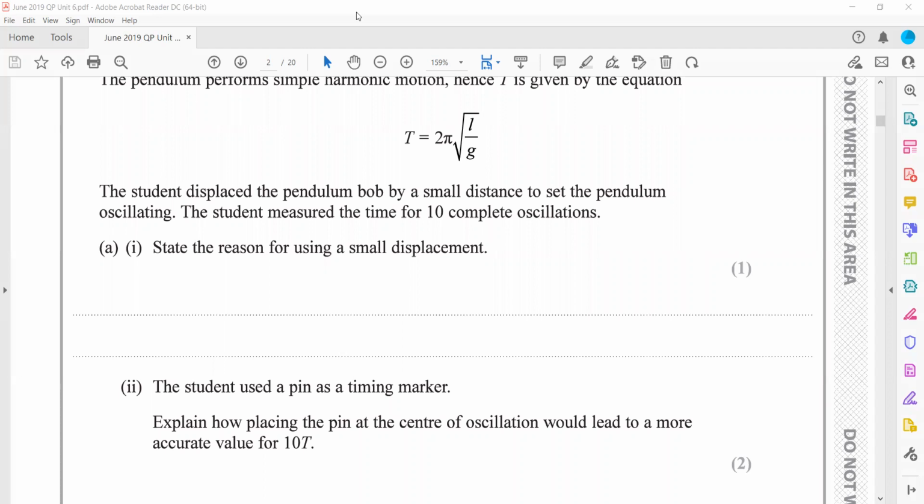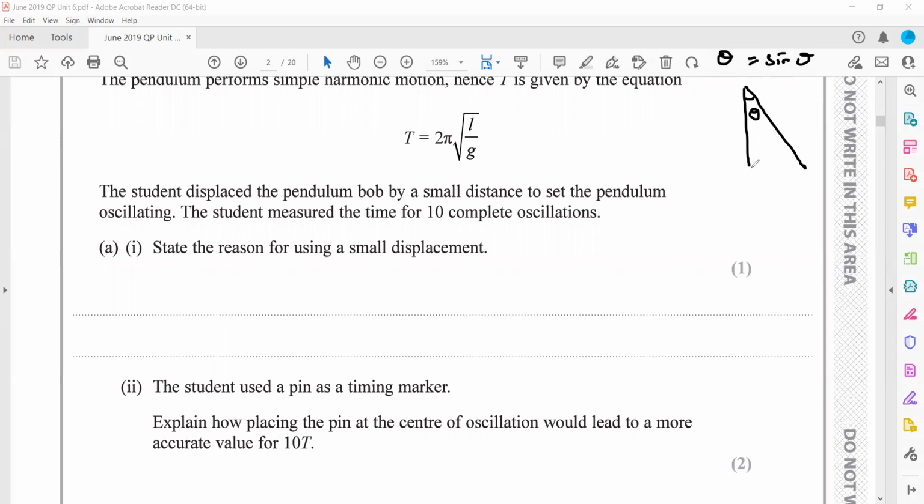Normally, when we say that the time period is only affected by the length, this formula is derived on the assumption that theta is very small. The derivation involves one assumption, that the value of theta and sine theta are equal.